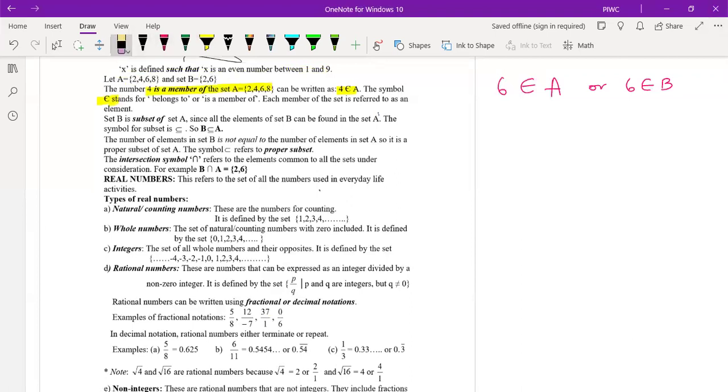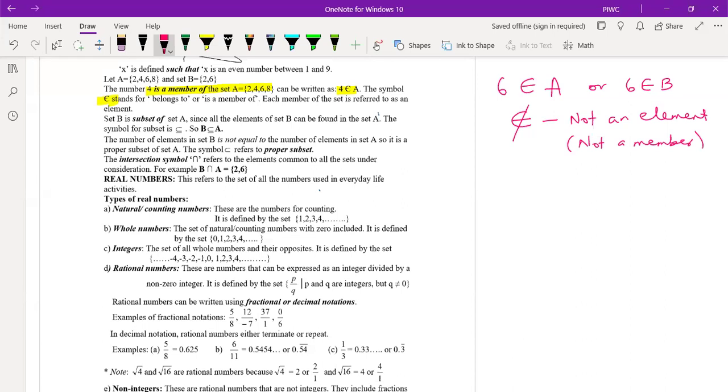There is another symbol which refers to does not belong to or not an element of. So if I have this symbol here and then put a slash or a line through it like this, it represents not an element, or not a member, or does not belong to the set that you're talking about, right?